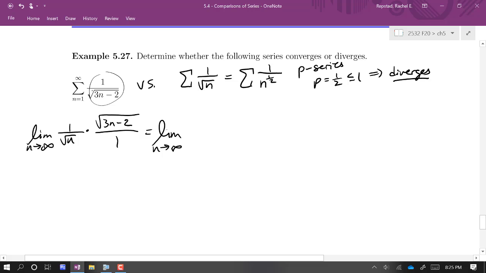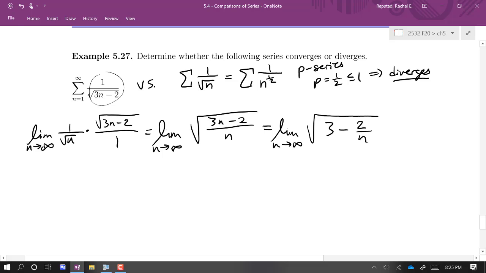Now I'm going to put this in a single fraction, so I have one radical over the other radical. You can combine radicals under division, so this is going to look like the square root of 3n minus 2 over n. We can split up this fraction over the subtraction up there, and if you do that and simplify, 3n over n is 3, minus 2 over n.